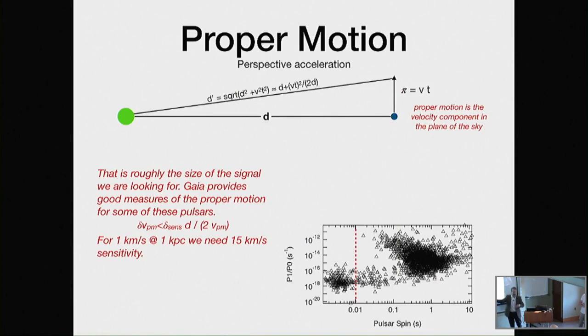Like you're measuring the radial velocity, and so you need to correct for these projection effects. And so Gaia is good enough for that, but it only tells you very crudely what the radial velocity is. And it tells you slightly less crudely what the tangential velocity is, but not good enough for this.